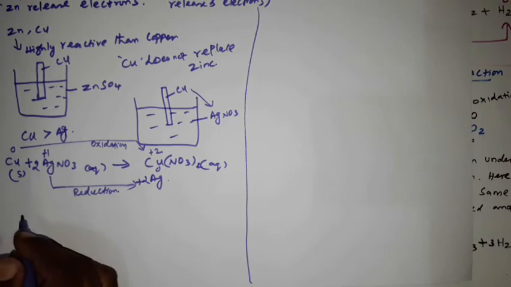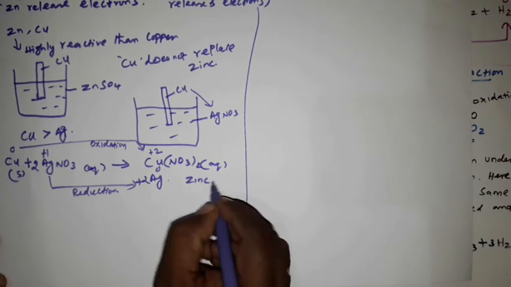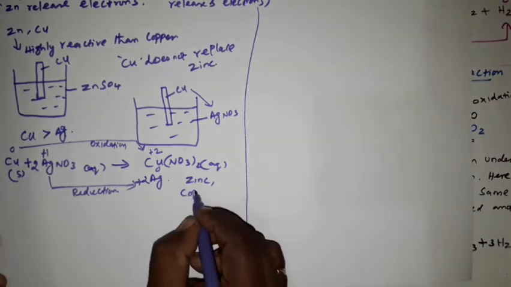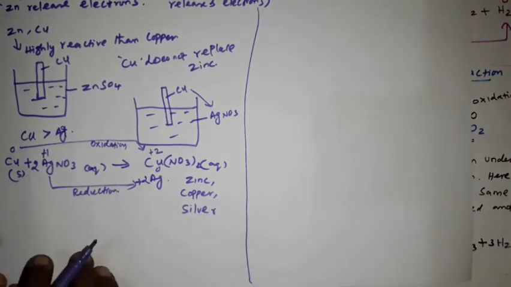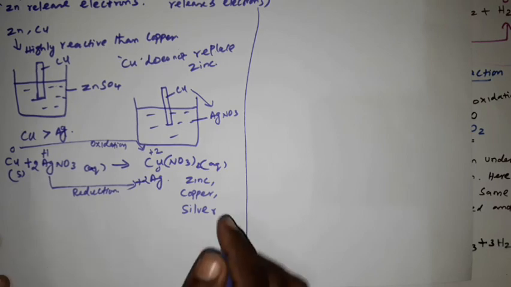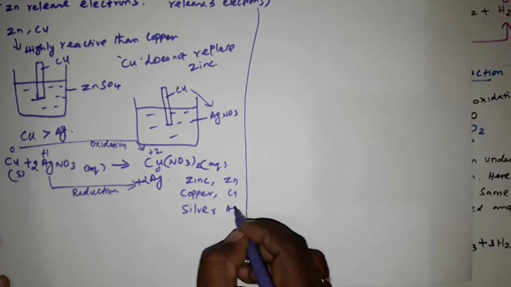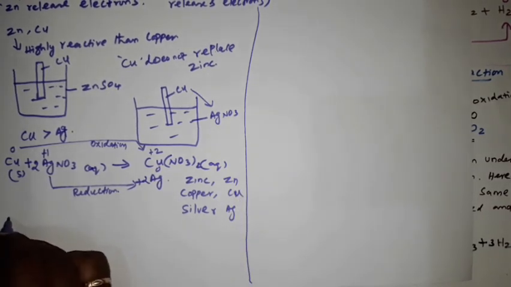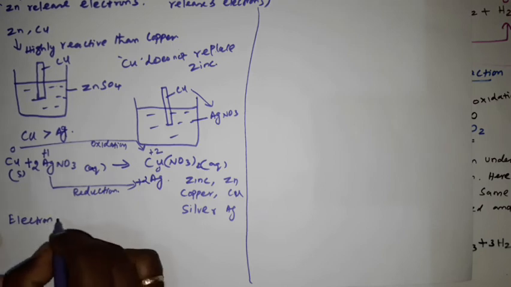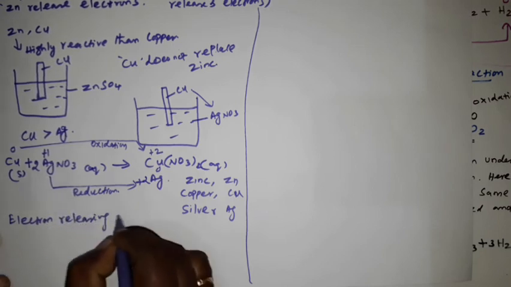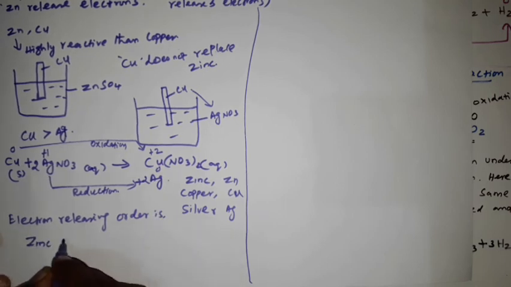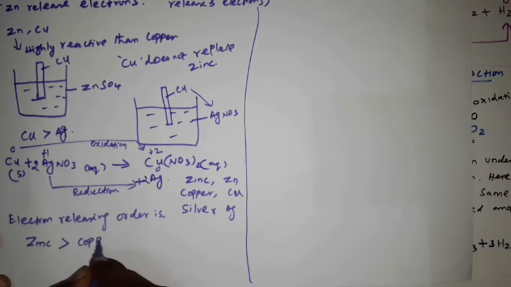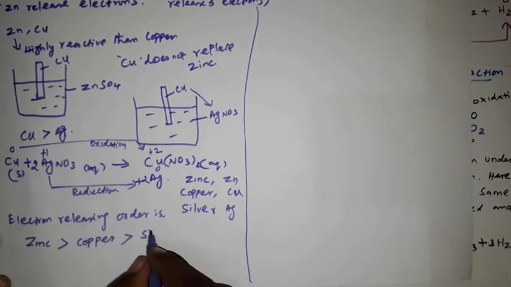So from the above experimental observation, we can conclude that among the three metals, namely zinc, copper, and silver, the electron releasing tendency is in the following order. The electron releasing order is zinc greater than copper greater than silver.